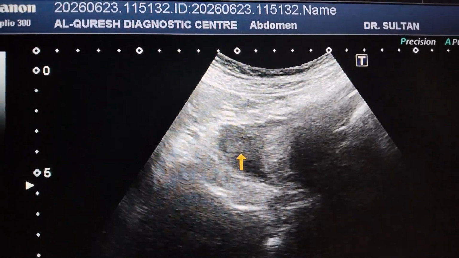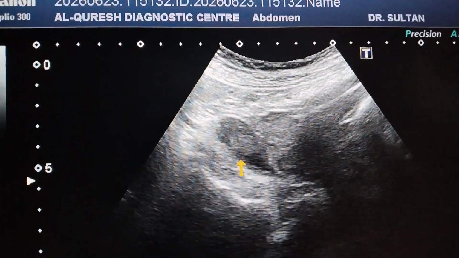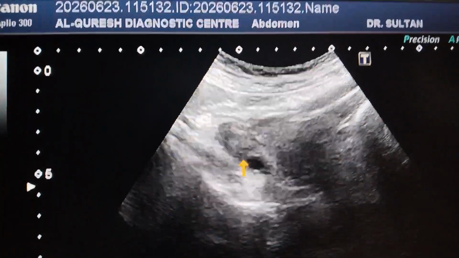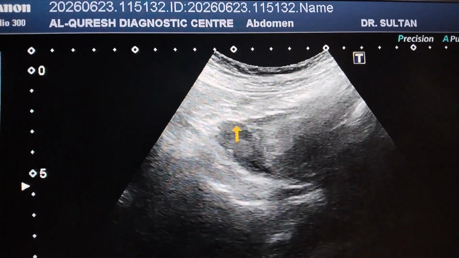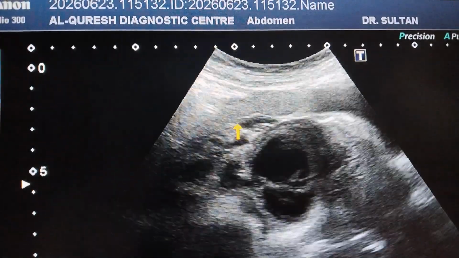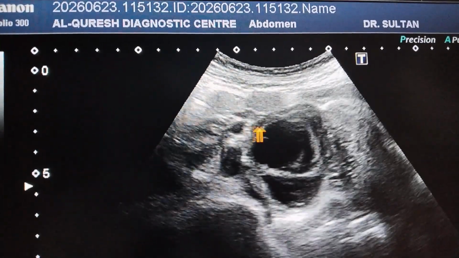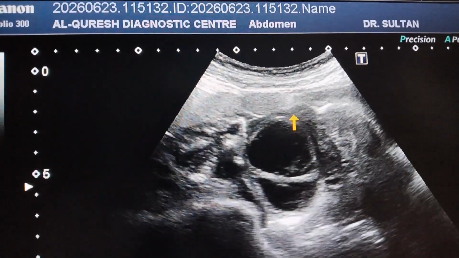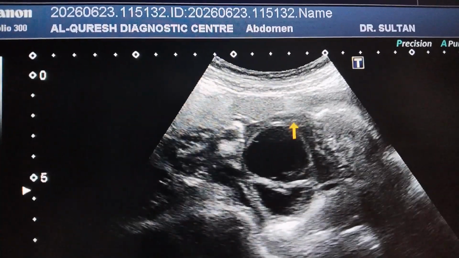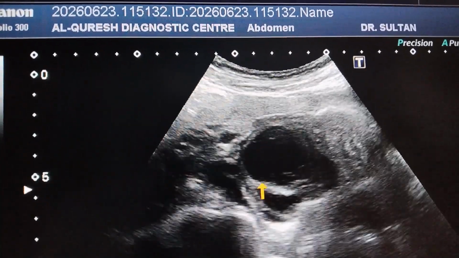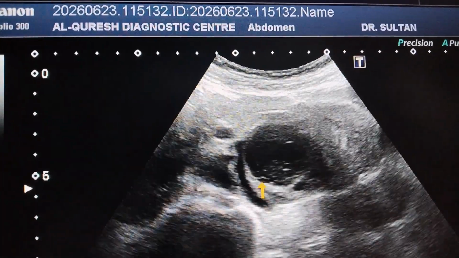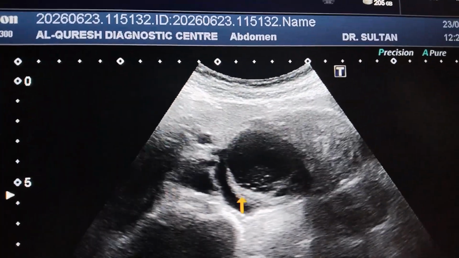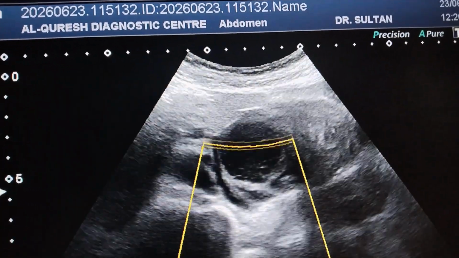This is the left ovary, this is the follicle, and this left ovary is looking normal. So now I am going to scan this one. This is the cyst, sorry, this is the right ovary, and this cyst is occupying the right ovary.